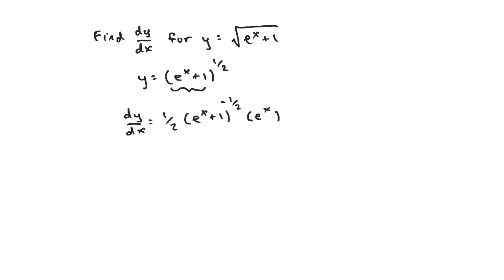So I could rewrite this as e to the x over 2 times the square root of e to the x plus 1. I just move this 2 into the denominator, and then e to the x plus 1 to the minus 1/2, I move to the denominator as e to the x plus 1 to the 1/2, which is the same as the square root of e to the x plus 1.